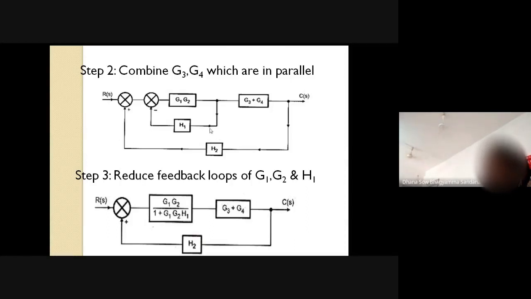So in this block diagram, what comes to our mind is, if you see here, this is the smaller loop. There is a return path here, a negative feedback loop. So you have to reduce this negative feedback loop.